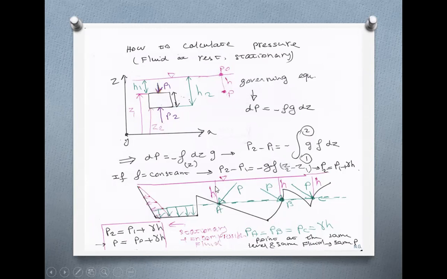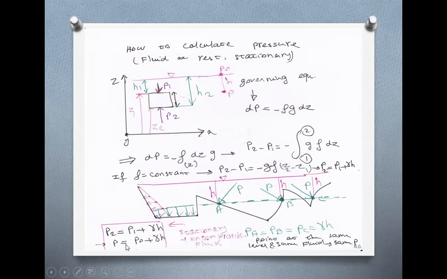By the way, for PA, PB, PC, they're all gamma H. You may ask me, you should add P naught. Yes. If you want to calculate the pressure at A, B, C in terms of absolute pressure, you add P naught. That shows the pressure at this point in terms of absolute.